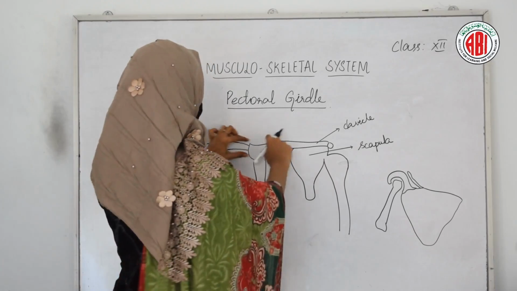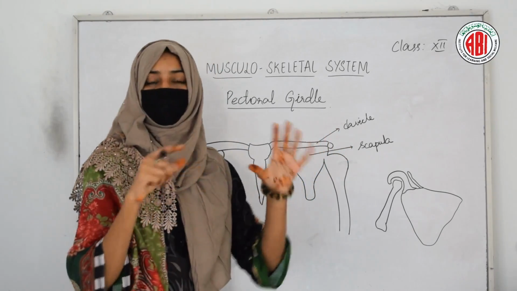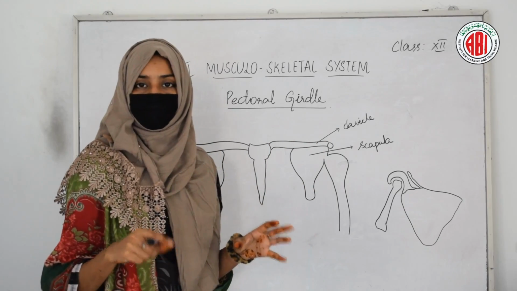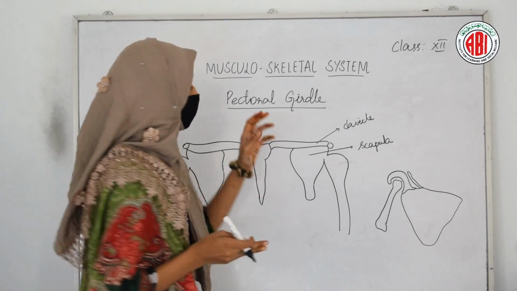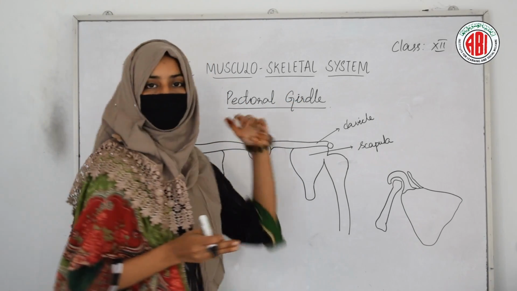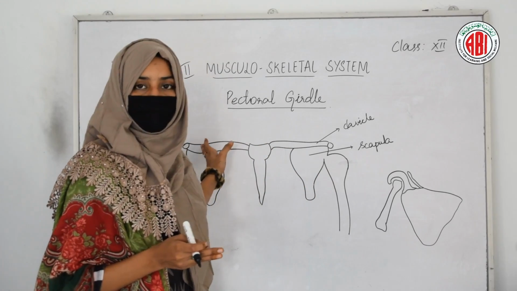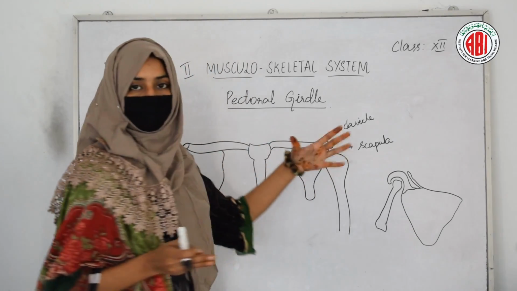These 2 bones are called clavicle, and one triangular shaped bone is located at the dorsal side of your body, and we call that bone scapula. One clavicle is on the right side and the other one is on the left side. Likewise, one scapula is on the left and the other one is on the right side.